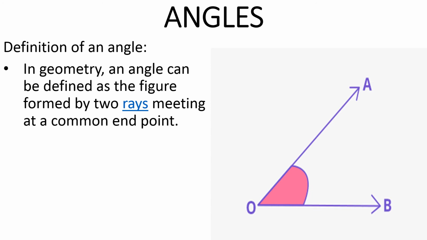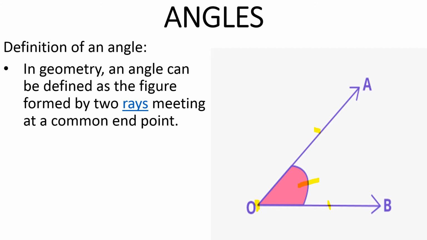Here, OA is one ray and OB is one ray. These two rays are meeting at a common endpoint, O.